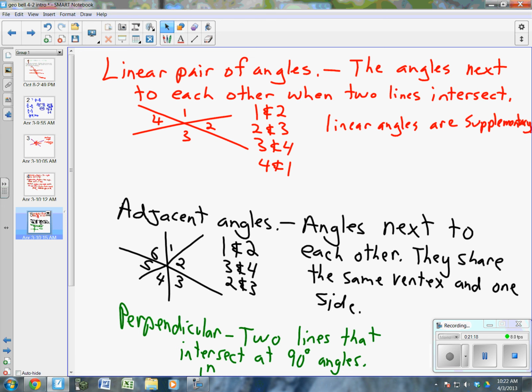Look at problem number 4 just below that. A and B are next to each other. B and 50 degrees are next to each other. 50 degrees and C are next to each other. But those are also linear pairs of angles. Another example would be A and 55 degrees on number 5 below that. Now, guys, I would start on this side that has 4 problems. I am going to give you, right now, 15 minutes to finish this worksheet.